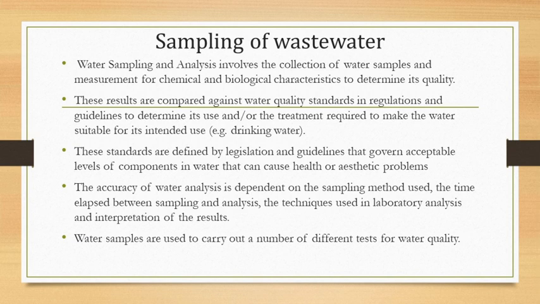Composite sampling is a collection of samples over a period of time, then mixing them to get the composite or mixed sample. That is called a homogeneous mix or composite mix, which indicates the average characteristics of water.